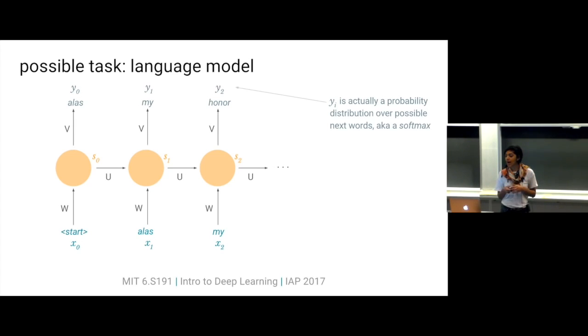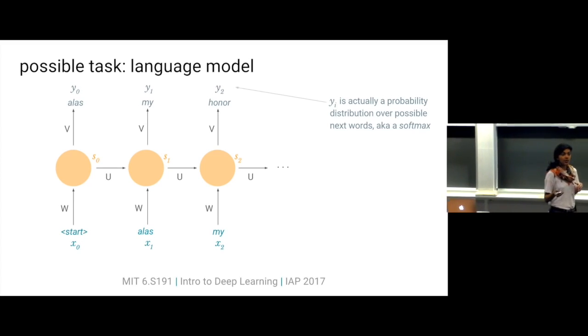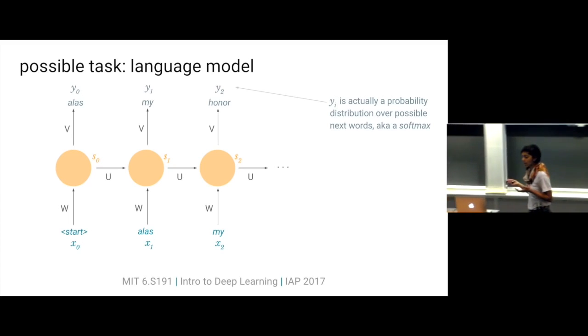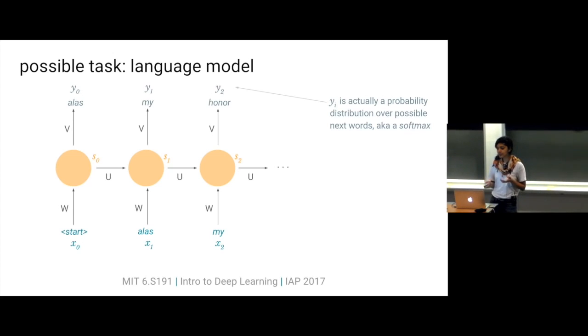Okay, so the way that we would formulate a recurrent neural network as a language model is by, in addition to producing the next cell state at each time step, also producing an output. And our output is just generated by multiplying another weight matrix by the cell state. What it's doing basically is saying at each time step, what is the most likely next word?